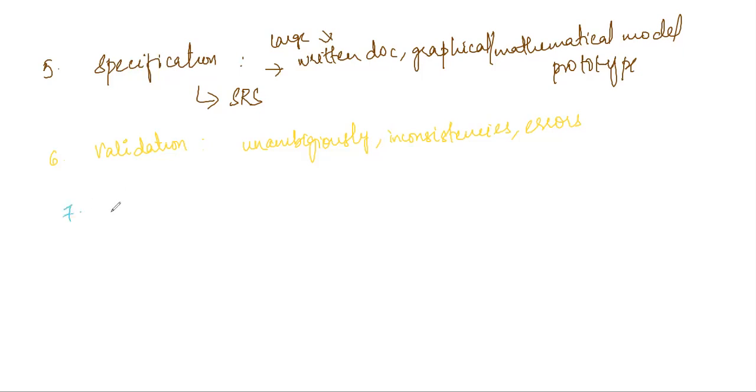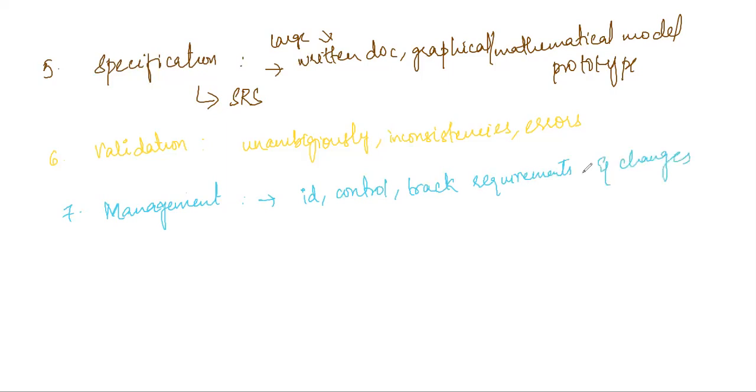Then the seventh and last phase was management. Within this management phase, you are going to implement a few activities that help you identify, control and track all the requirements and changes within the software.